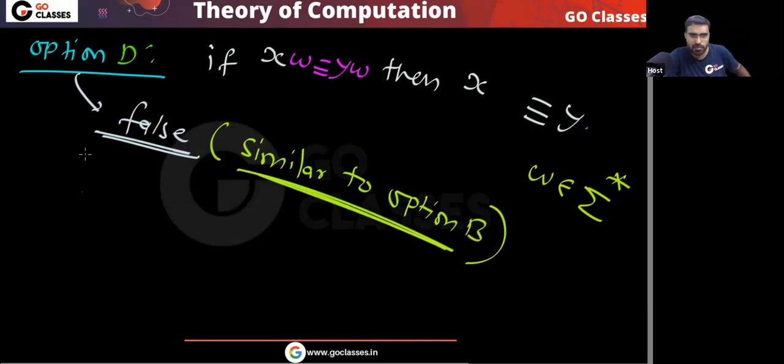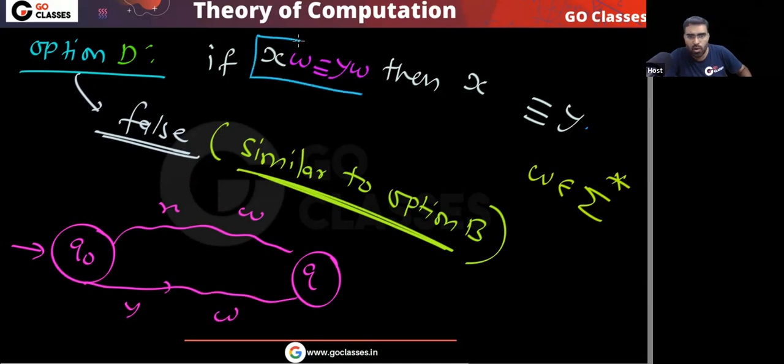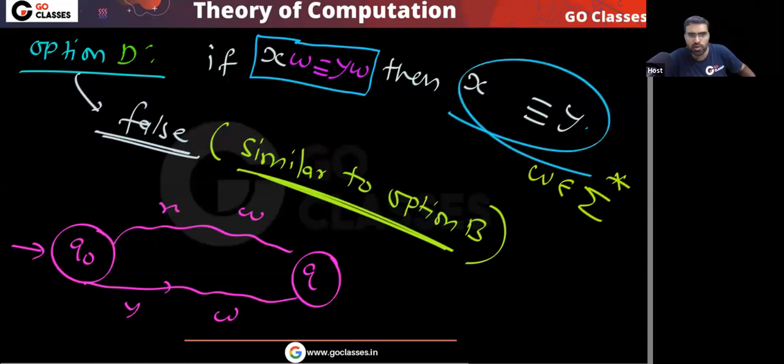Very simple. Because option D is saying that if XW, YW are equivalent, it means from the initial state, on XW you are going to state Q, and on YW you are going to state Q, the same state.